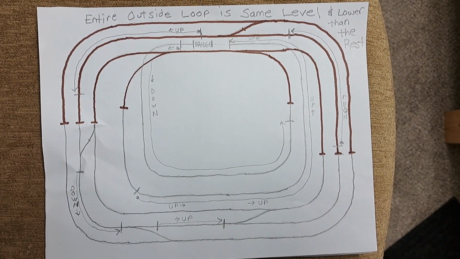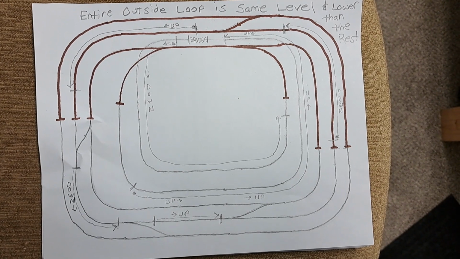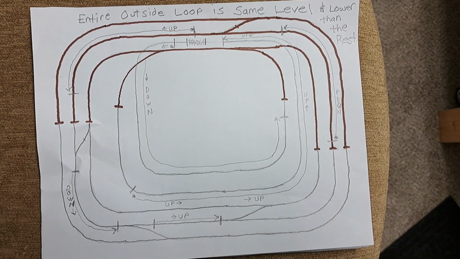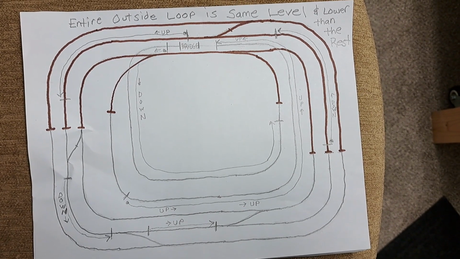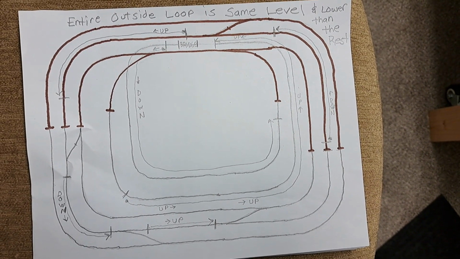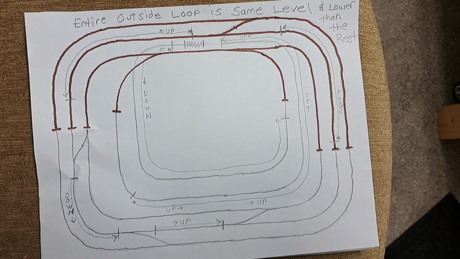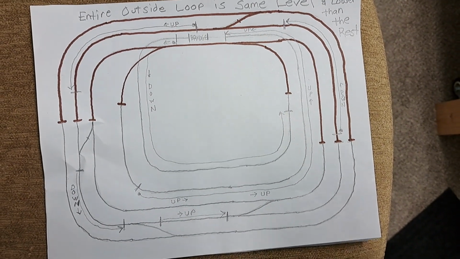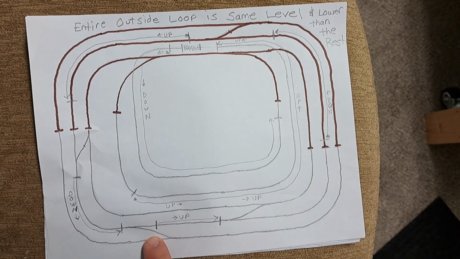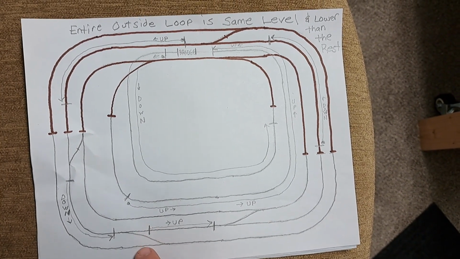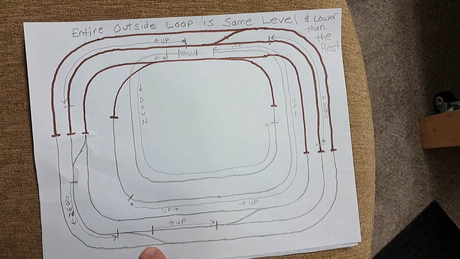This is a diagram of it. You would have to pause it and actually watch it and focus on it as far as what it does. So let's see. This spot is the lowest on the entire layout where both these meet.